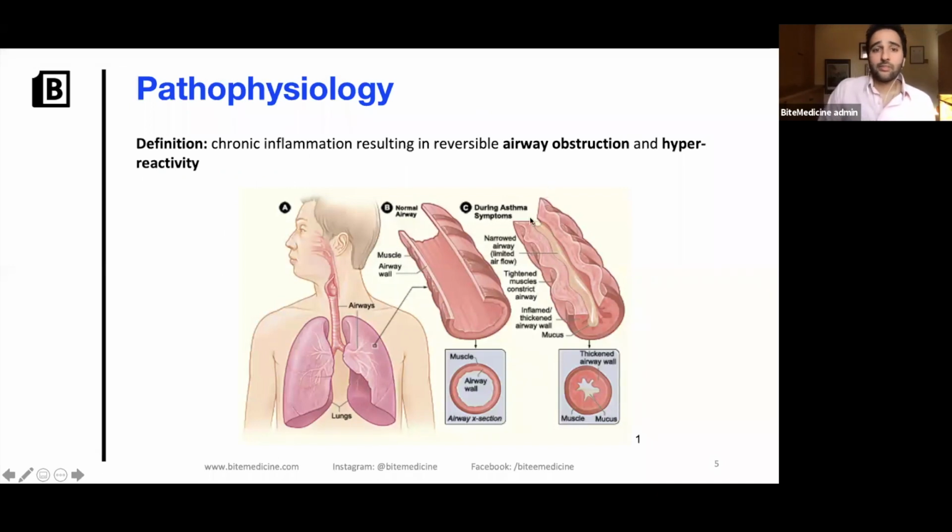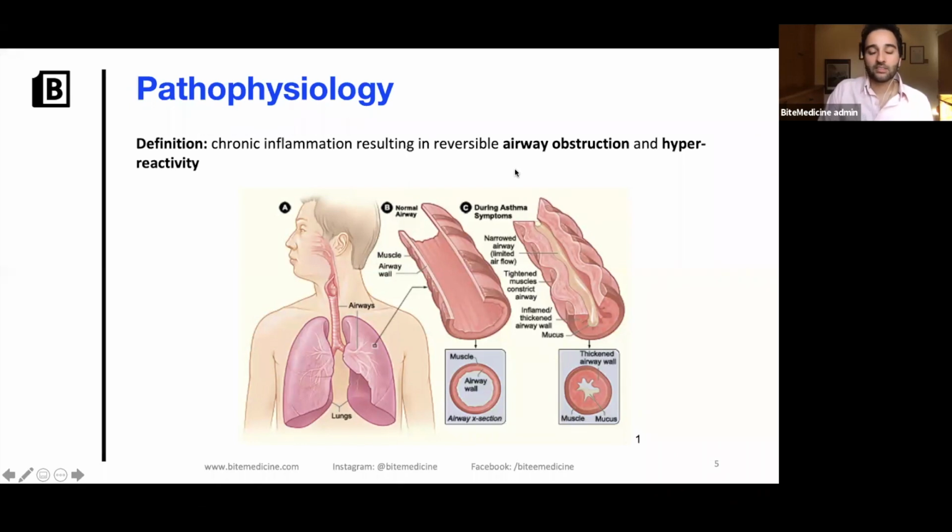The definition of asthma really is chronic inflammation which results in reversible airway obstruction and hyperreactivity. If your consultant or your registrar ever asks you for the definition, that's a brilliant definition because it covers the main points.